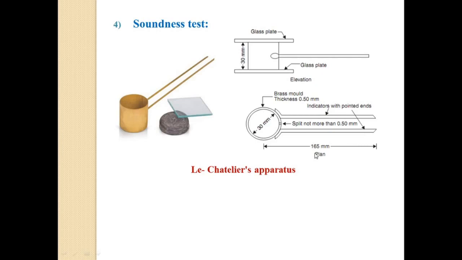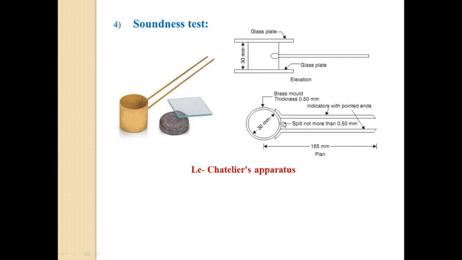So this Le-Chatelier apparatus consists of a small split cylinder of spring brass of thickness 0.5 mm, forming a mold of 30 mm internal diameter and height of 30 mm.